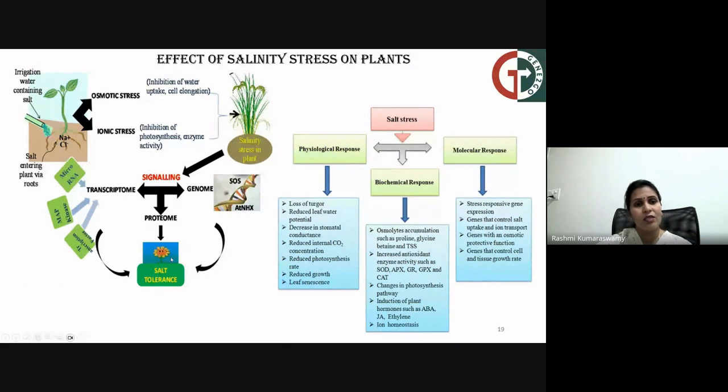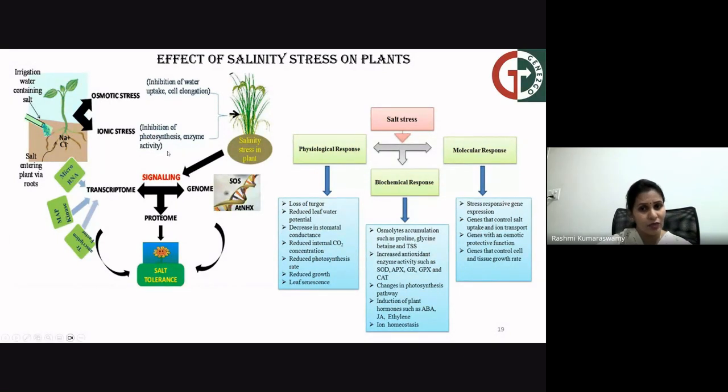And ionic stress will be produced when the ions, particularly sodium and chloride ions, are increased in the cell. When ions are increased, there will be a reduction in photosynthesis, or enzyme activity will be inhibited during this ionic stress condition.